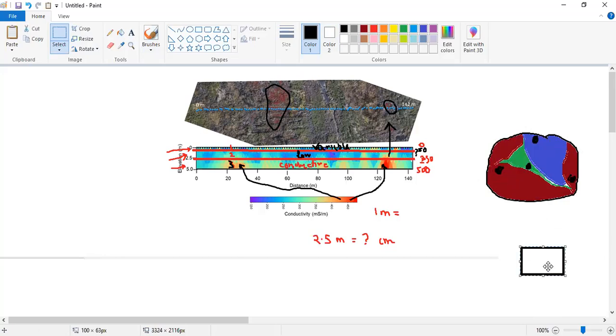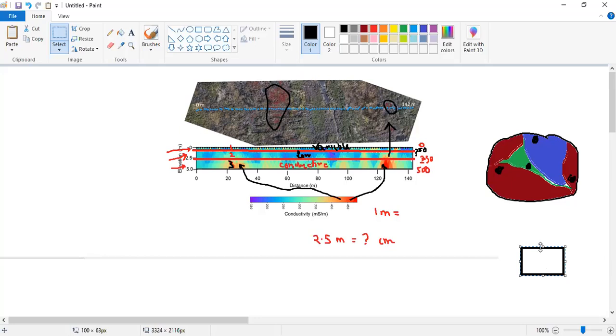So you don't want to concentrate all your money and drilling holes in one area. You definitely want to sample that area. One of the holes you might want there, but I think the best idea is to cover as much of the geographic area and as much of the variation as possible to understand what is going on in the subsurface.